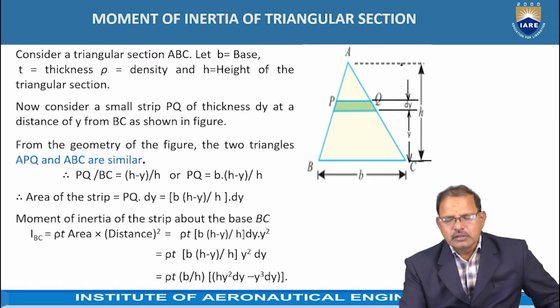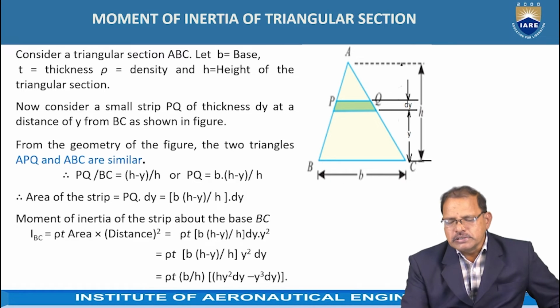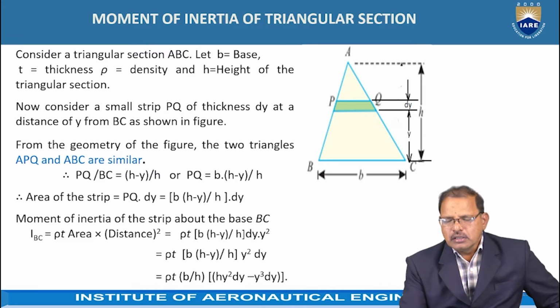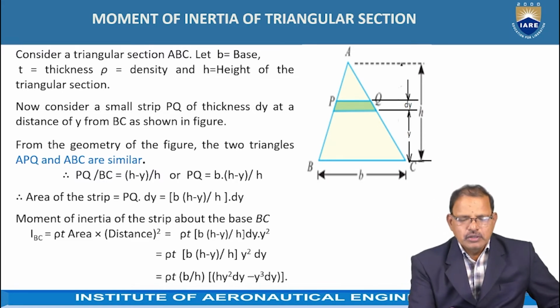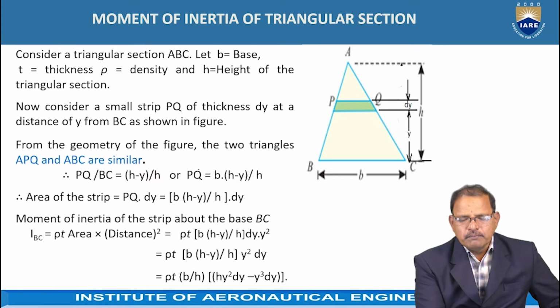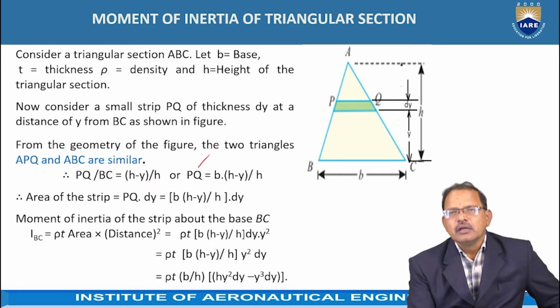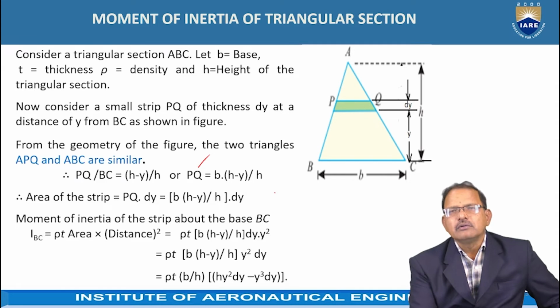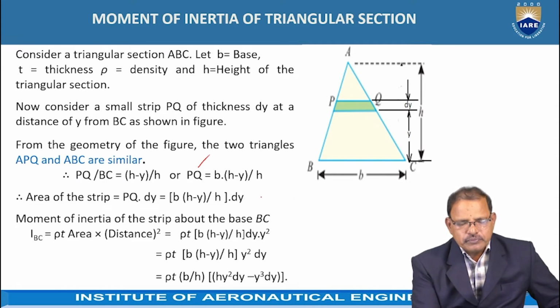So, PQ divided by BC is equal to H minus y divided by H. From this relation we get PQ is equal to B into H minus y divided by H. So, area of the strip is equal to PQ into dy, which is B into H minus y divided by H into dy.